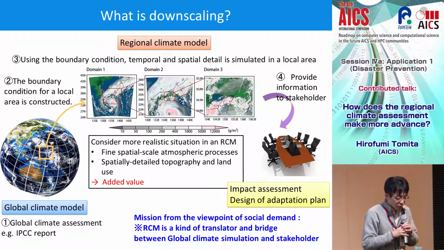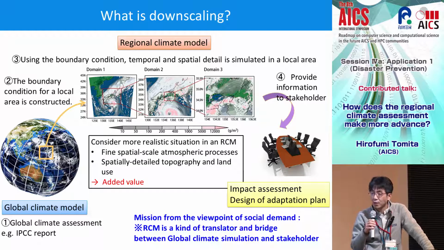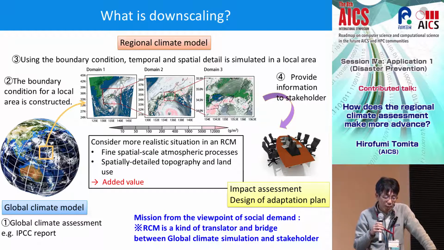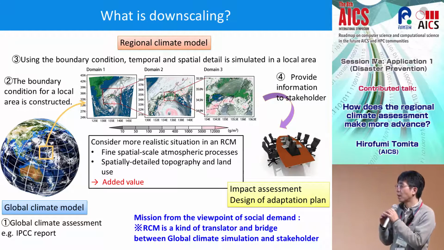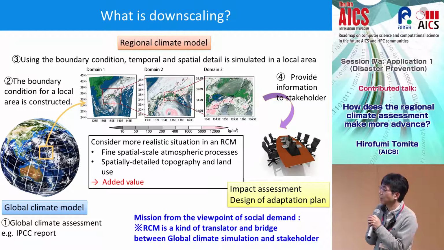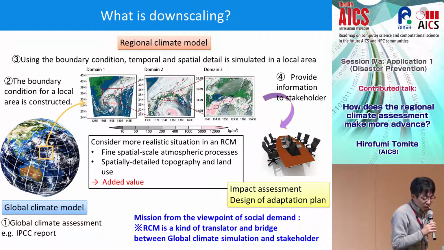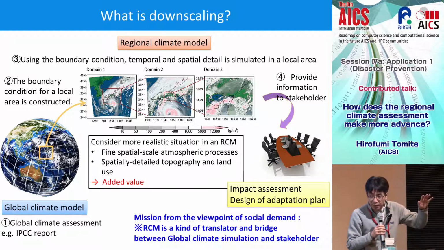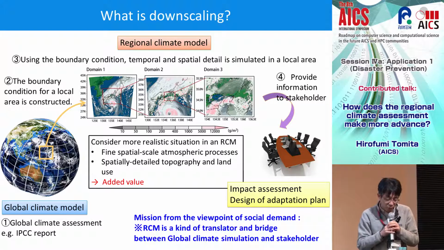So they will assess the impact using our scientific result, and they will design the adaptation plan to the future climate. So the mission of RCM from the viewpoint of social demand: RCM is a kind of translator and bridge between the global climate simulation and the stakeholder. Okay.